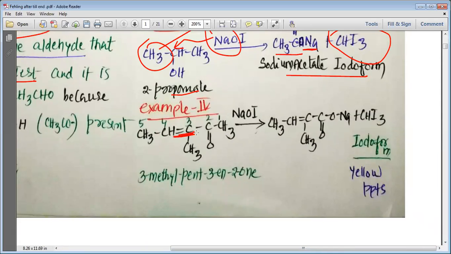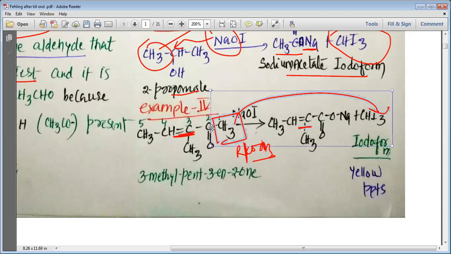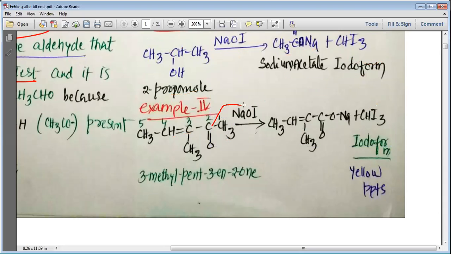Now I told you, my dear students, that if there is a double bond present in the R, in RCOCH3, this double bond is not affected, it remains the same. Only this CH3 turns out to be CHI3, and the rest of the part, this C double bond O, is simply bonded to ONa, and this is what gives us the final product.